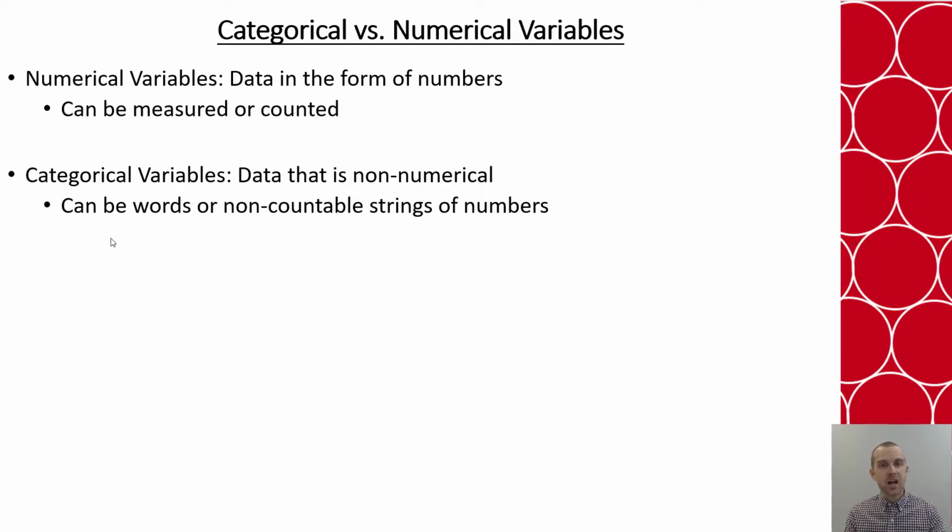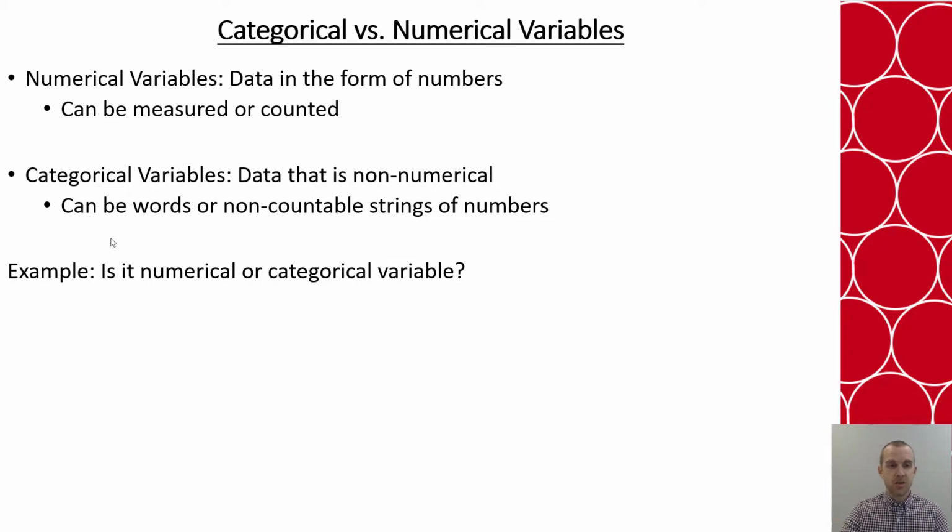Now that word non-numerical can throw people off, but it's important to recognize that categorical variables are ones that are made up of words or non-countable strings of numbers. So you can think to yourself, what are non-countable strings of numbers? Zip codes and phone numbers are probably the two most likely ones you can think of.